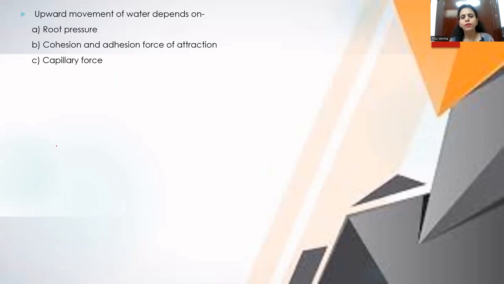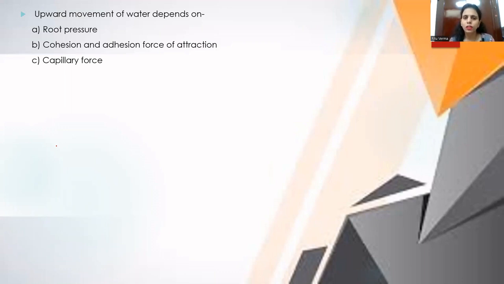We have also discussed the structural adaptation of the leaf, that means how leaves are adapted for the process of transpiration. We know that there are spongy mesophyll cells present in the leaf. These cells are loosely packed, hence they have large air spaces between them.